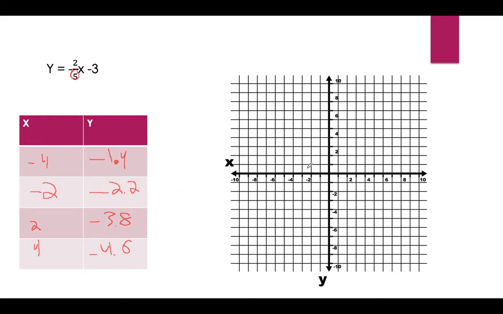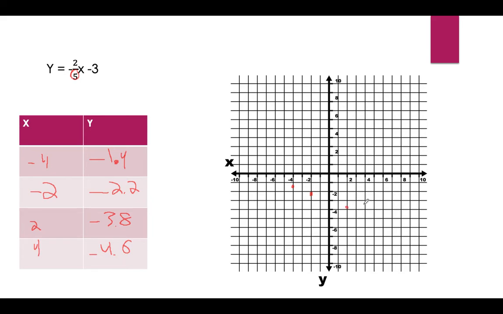So I'm going to plot these. Now it might be a little off because I chose to do decimals. Negative 1.4, I'll put that somewhere around there. Let's see, negative 2 is negative 2.2. That's somewhere right there. At 2, it's negative 3.8. Put you there.